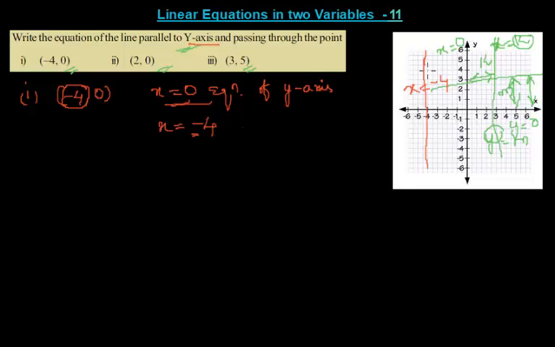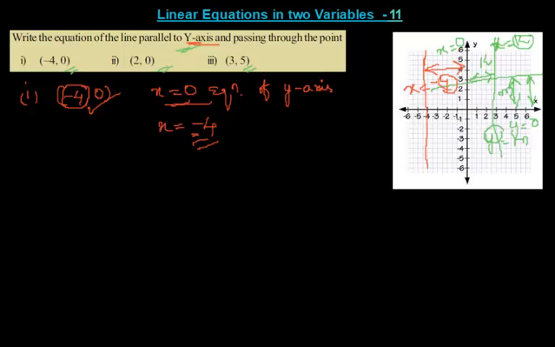This is parallel to y-axis and at a distance of 4 units to its left. So, x is equal to minus 4 indicates it is at a distance of 4 units to the left of the y-axis. This is the equation of the line parallel to y-axis and passing through minus 4, 0.